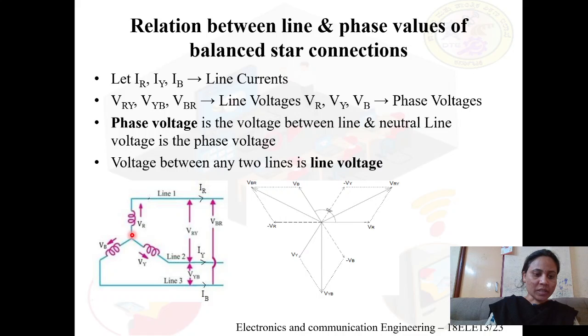Each phase is connected such that one end is connected to the supply line and the other end is connected to the neutral point. Therefore, the voltage between one line and the neutral point is called the phase voltage. Here the common point is called the neutral point and we represent it as N. So the difference of voltage between this and this point is called phase voltage.